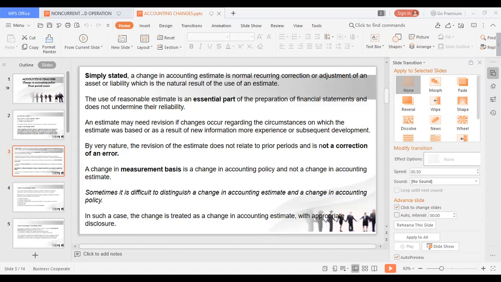Next, we go to 9-6. In 9-6, how should this accounting change be reported in 2020? During 2020, build company changed from the cost recovery method to the percentage of completion method.